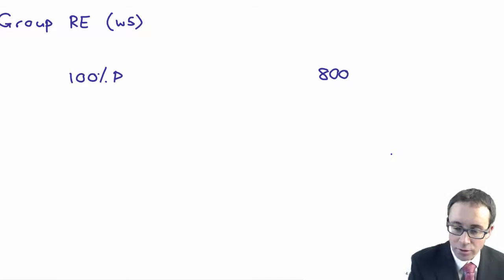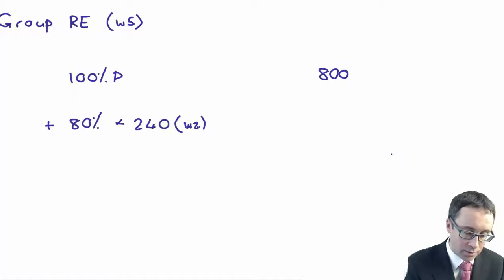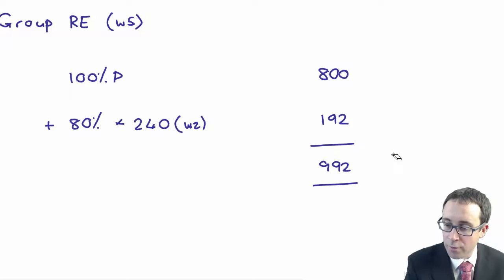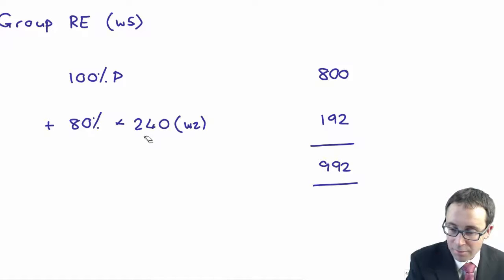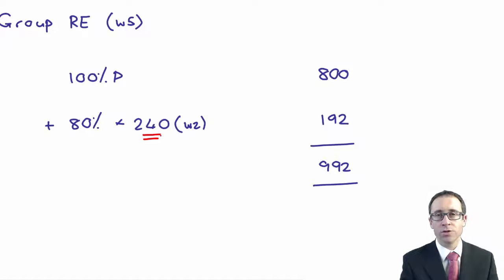So I can put in 800 there and then add on 80% of those post-acquisition profits. Does that give me 192? Again, remember, I think the key point to pick up here is that these post-acquisition profits is not simply the movement in the retained earnings, but the movement in the retained earnings adjusting for the PUP adjustment too. Okay, excellent.